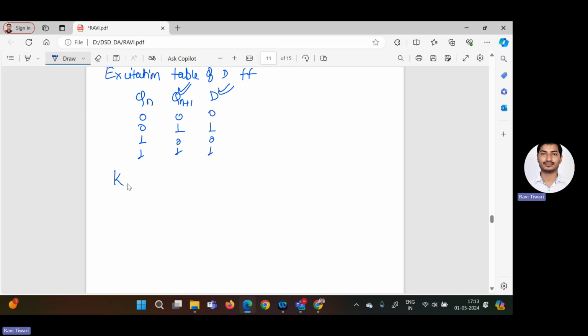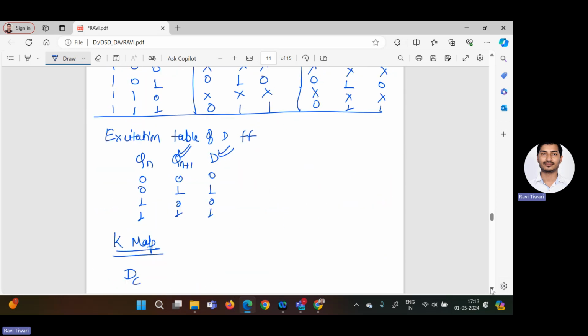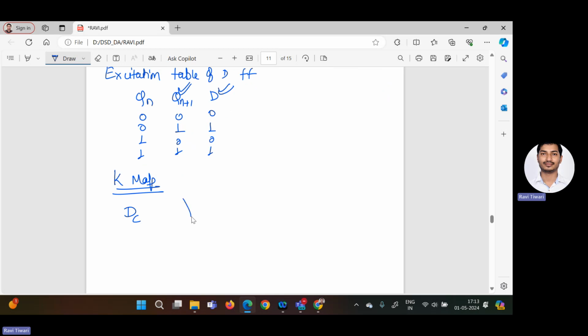So now here we will draw the K map for finding the expression for DC. How many input variables are there? We will have 3 input variables, because the present state will be the input variables QC, QB, and QA. So here we will draw the 3 variable K map like this, where we take QC this side and QB, QA this side.